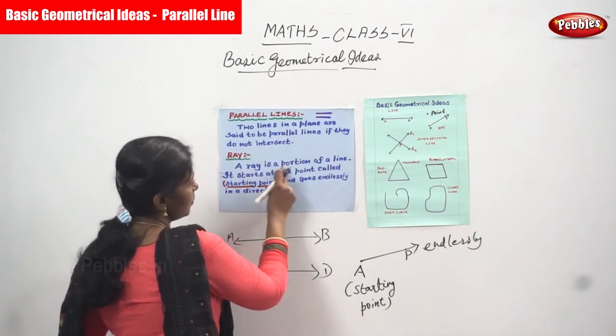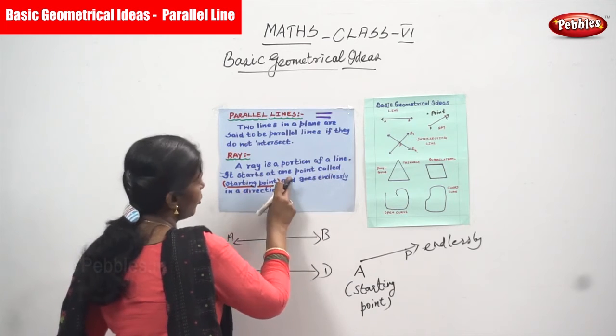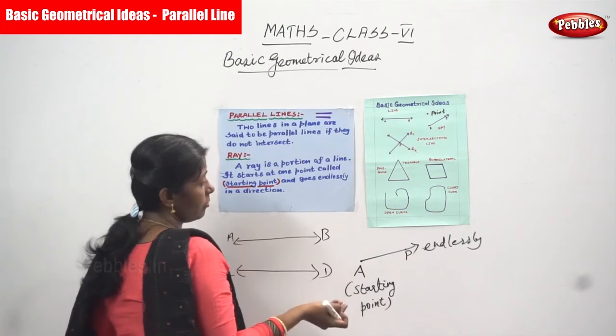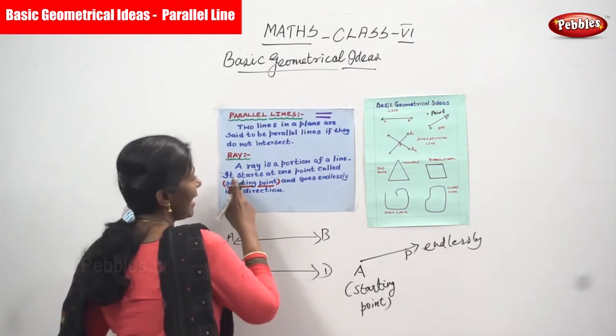I'll repeat. A ray is a portion of a line. It starts at one point called the starting point and goes endlessly in a direction.